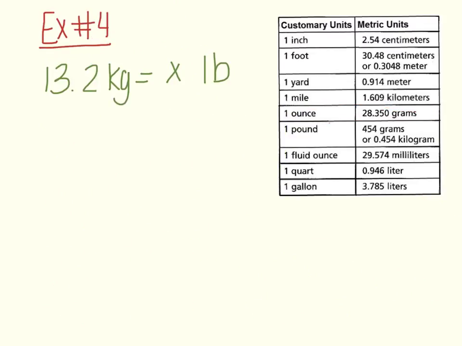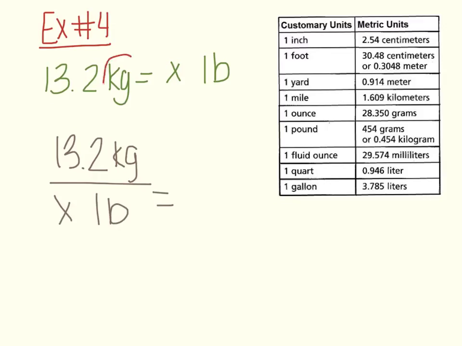And example 4, we have 13 2/10 kilograms over X pounds. Now I look at my chart and find the comparison between kilograms and pounds. And I see that here. I see 1 pound. Remember, you have to line those up.